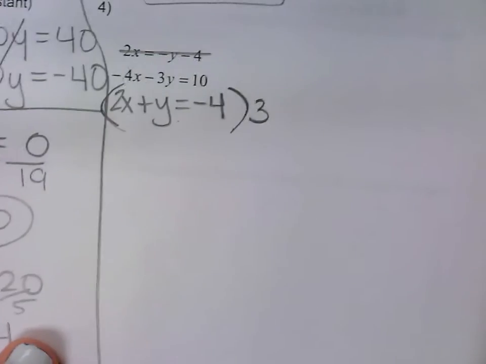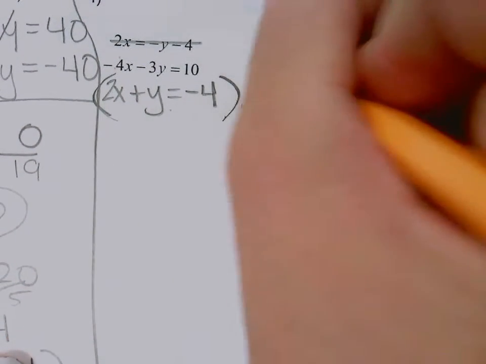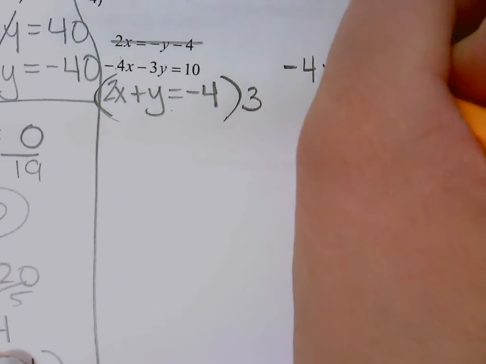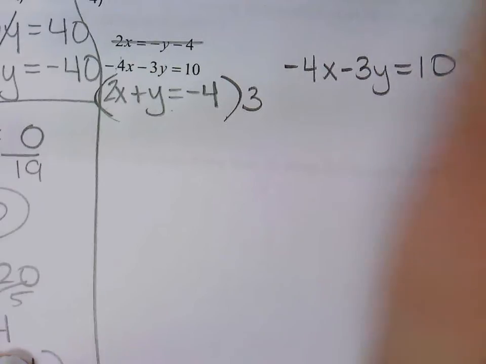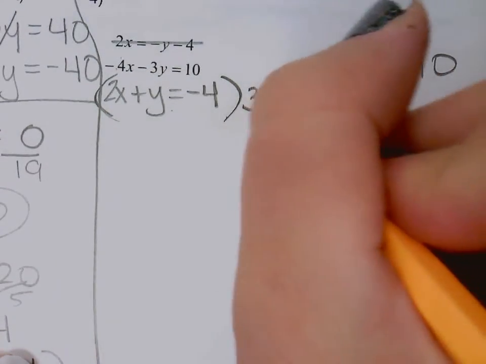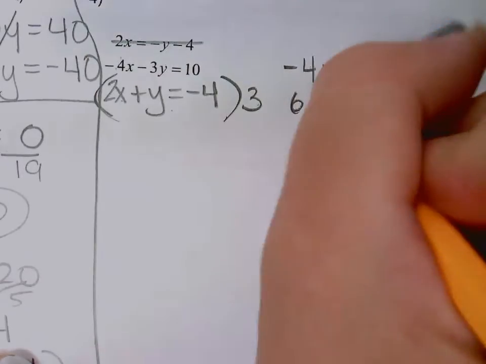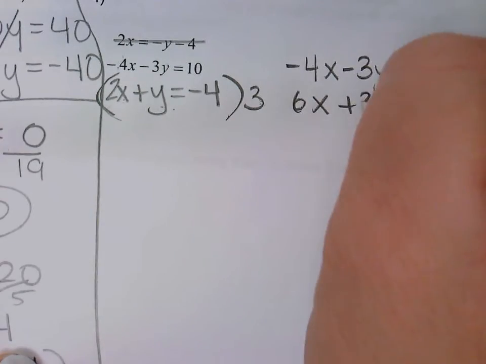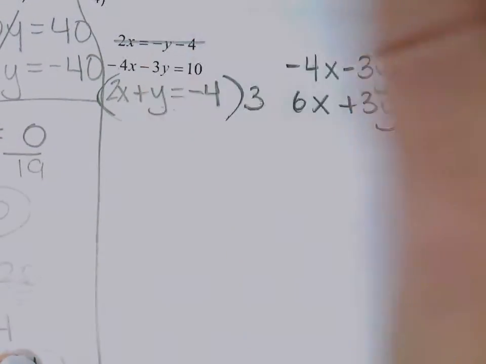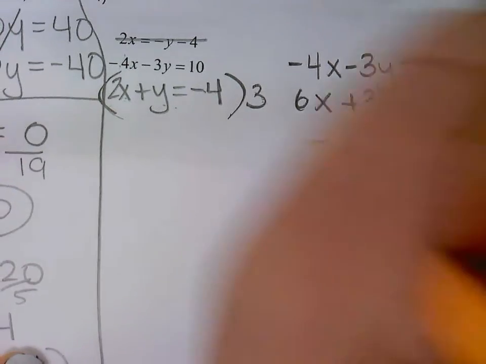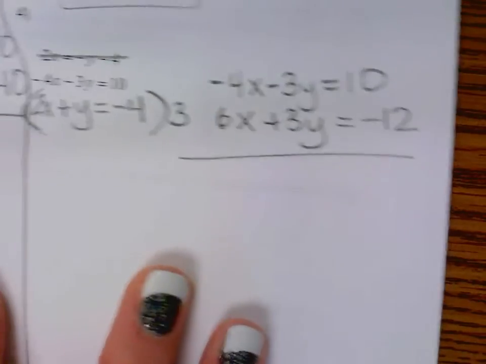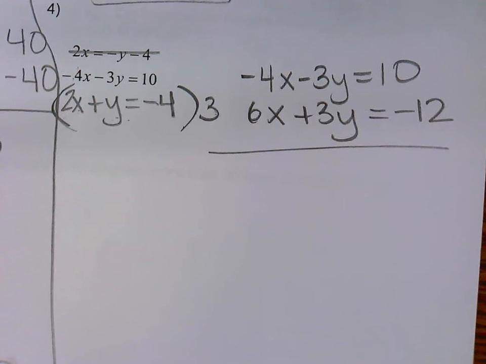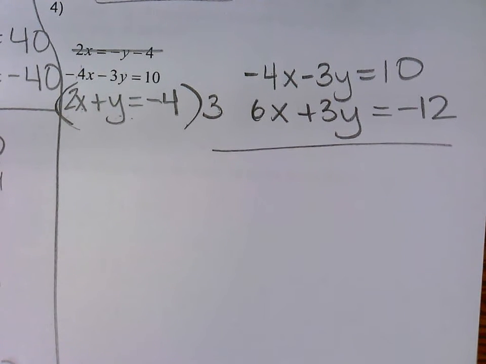All right, so my new equation, I'm going to keep negative 4x minus 3y equals 10 on top. 3 times 2x is 6x. 3 times y is 3y. And 3 times negative 4 is negative 12. So see if you can finish doing the elimination and solving for x and y.